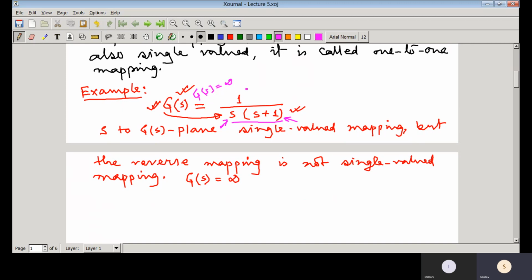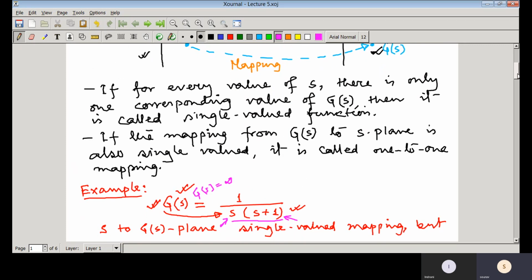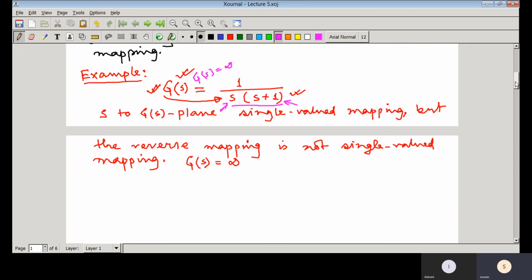That means this infinite point in the G(s) plane is mapped to two points, 0 and -1. So as infinity is mapped to two points, 0 and -1, it is not a single valued function.